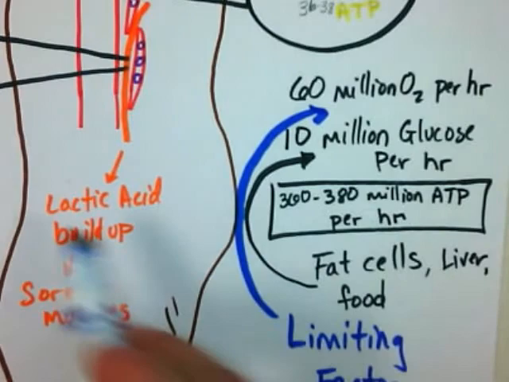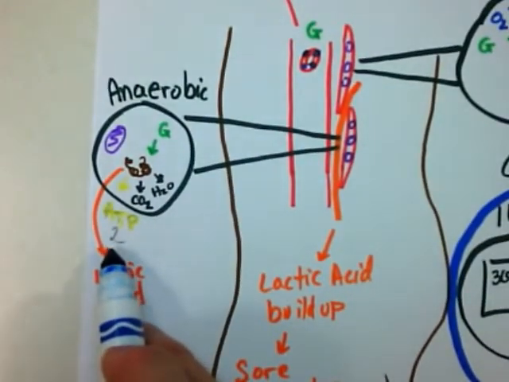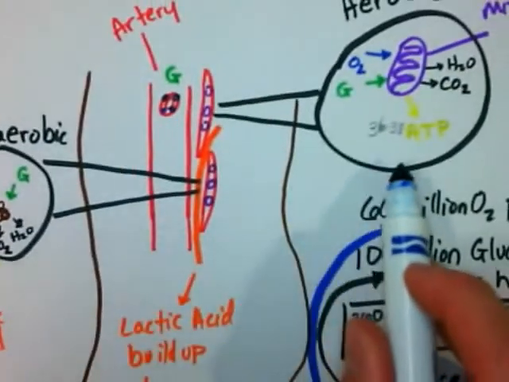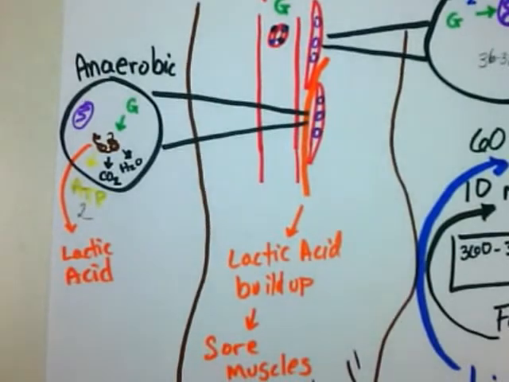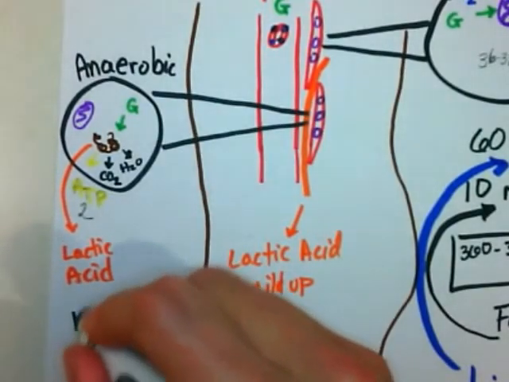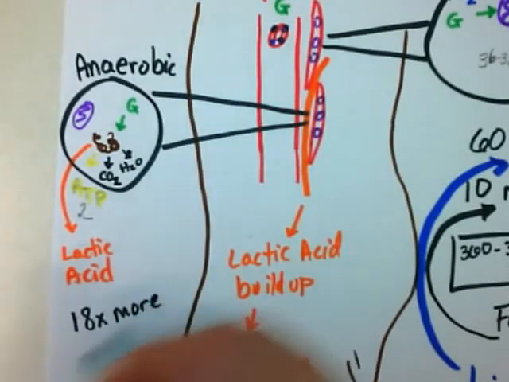Because looking back over here at anaerobic conditions, if I only make 2 ATP compared to 36 to 38 ATP, the biggest difference is that I need 18 times the amount of glucose.